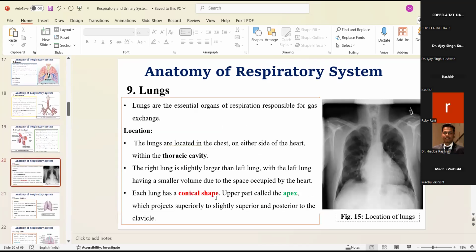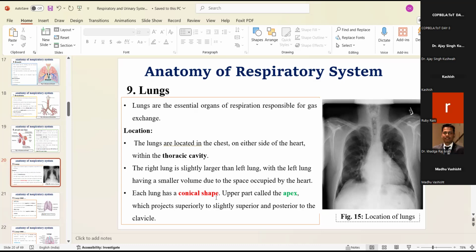So this is the next important respiratory organ, that is the lungs. The lungs are a very essential organ of respiration, responsible for the exchange of carbon dioxide and oxygen.